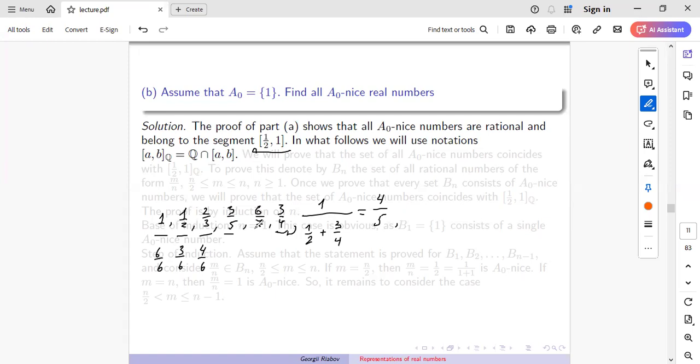This is relatively easy because we have number 3/5. And if we consider 1 over 1 plus 3/5, we get 5/6. So our experiment suggests that probably we can get any rational number from the segment 1/2 to 1.